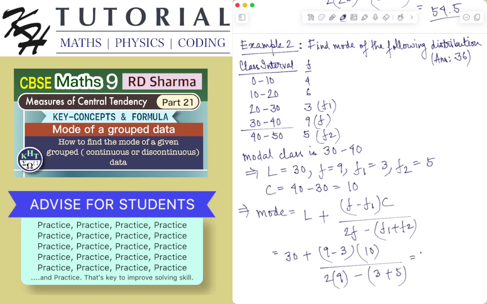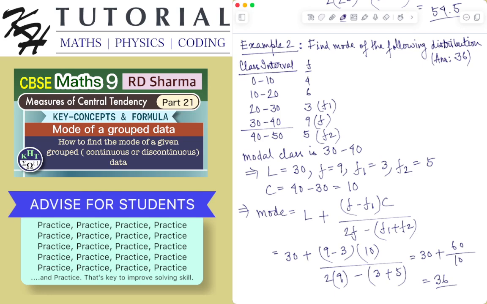This becomes 30 plus 9 minus 3 is 6, 60 divided by 9 multiplied by 2 is 18, 18 minus 8 is 10. So this is 36. So the mode is 36.